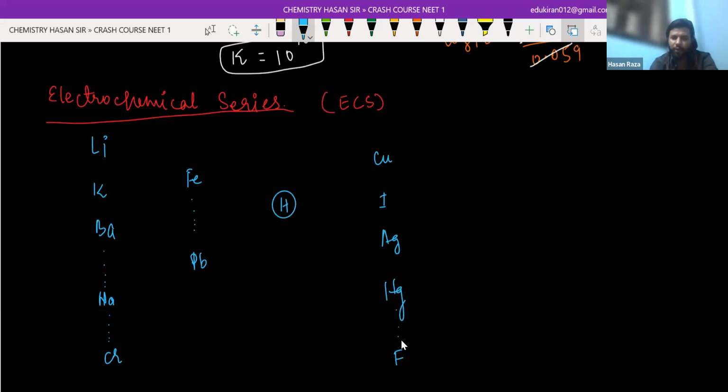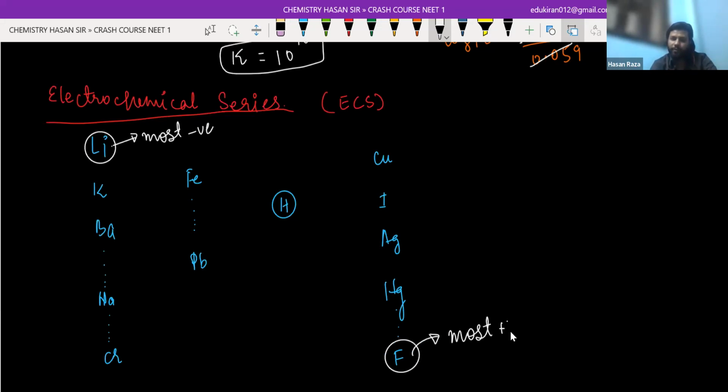At last, fluorine. One thing is important: lithium is on the top, and this is in increasing order of E naught R value, that means standard electrode potential. So this is the most negative value, and fluorine is your most positive.